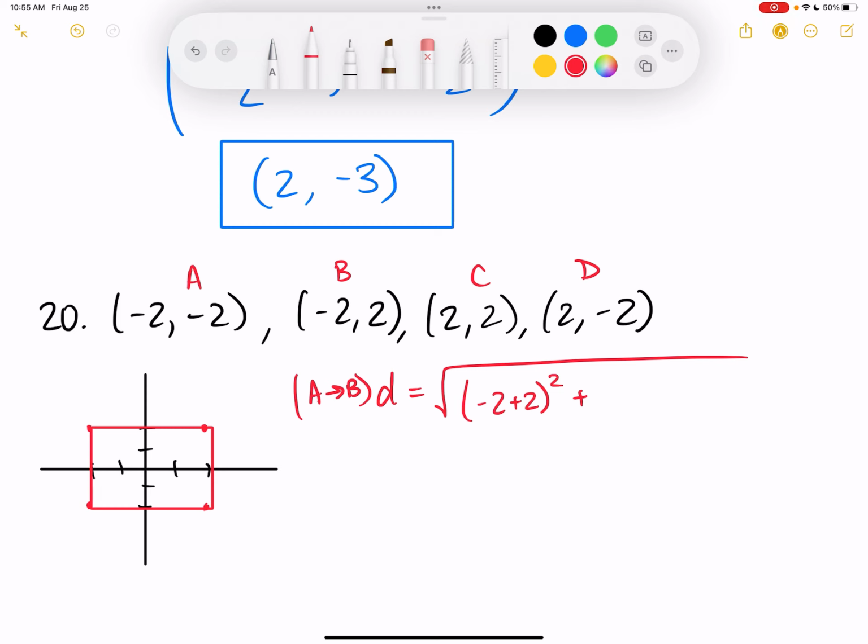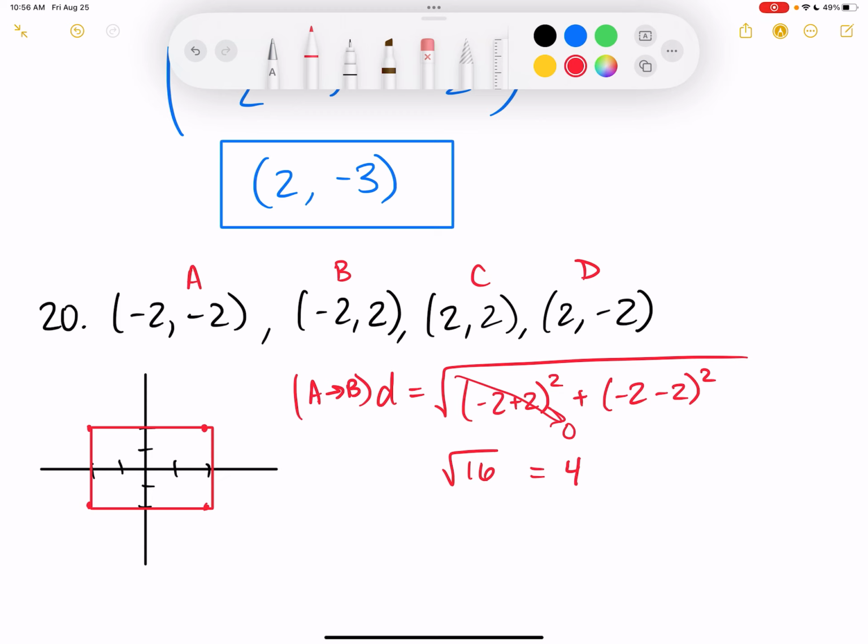So then the other one is going to be -2 minus 2, squared. So this one goes to 0, so I'm left with -4 squared, which is the square root of 16, which is 4. So since I can tell that it's a square, I'm good to go.